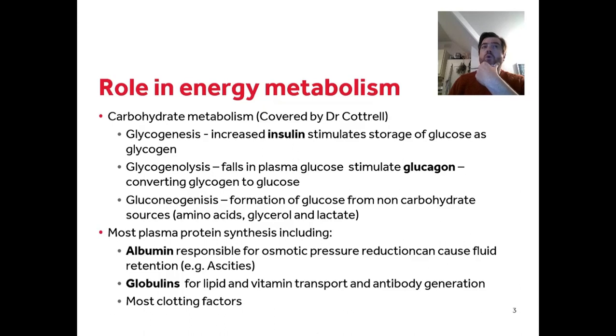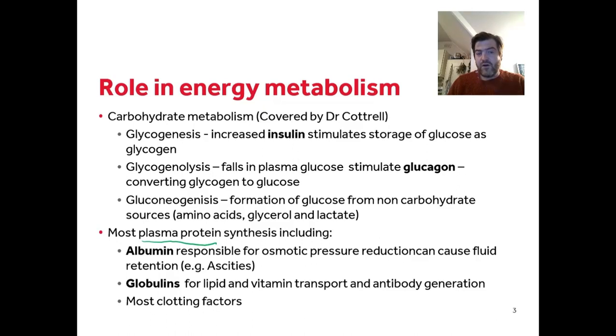Probably as important as its role in energy metabolism is the metabolic production of plasma proteins. Most proteins in the blood plasma are synthesized in the liver.